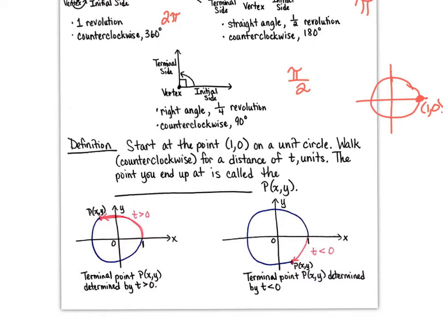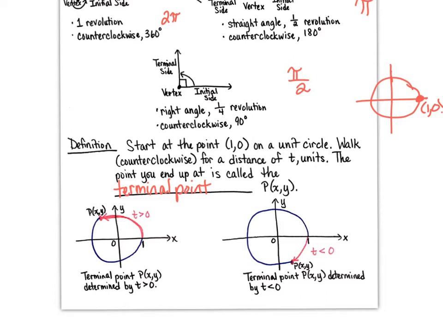Walk counterclockwise. Do I go to the left or do I go to the right? Left. Counterclockwise for a distance of t units. The point you end up at is called the terminal point, and is written as P(x, y).